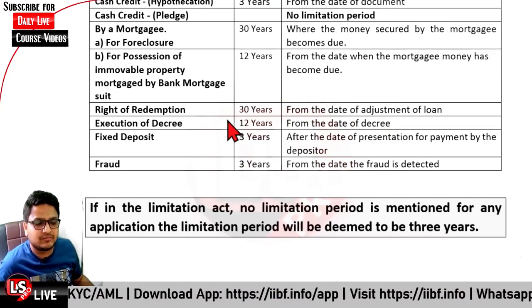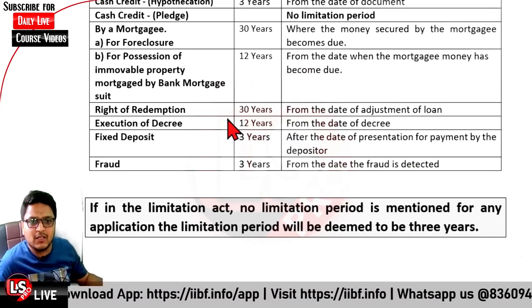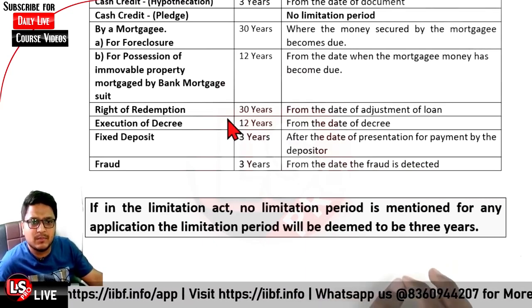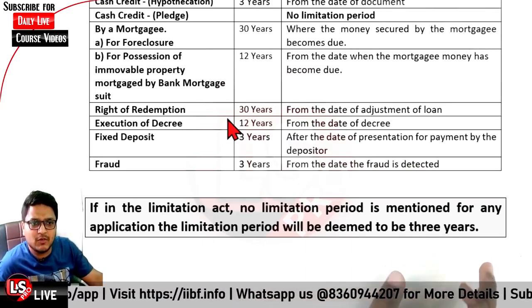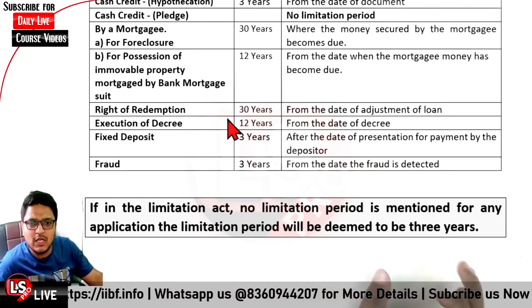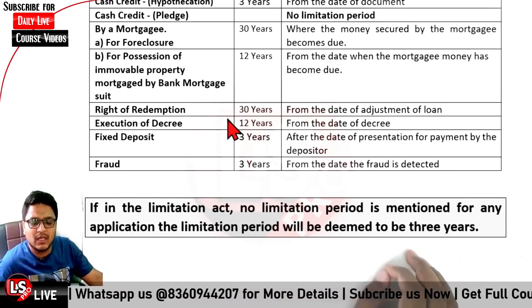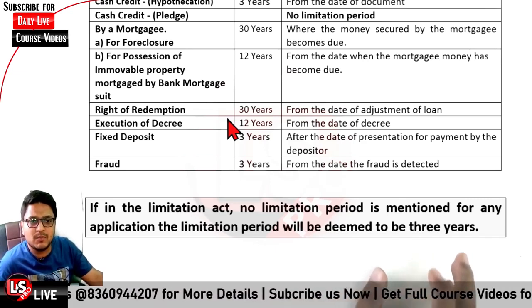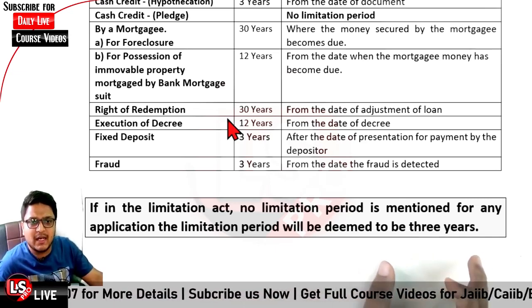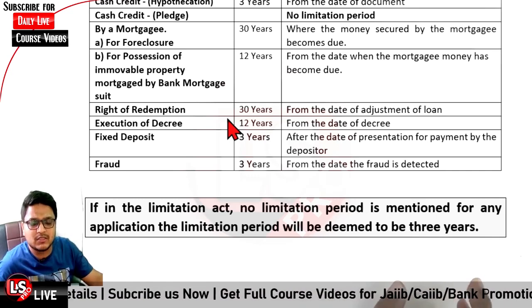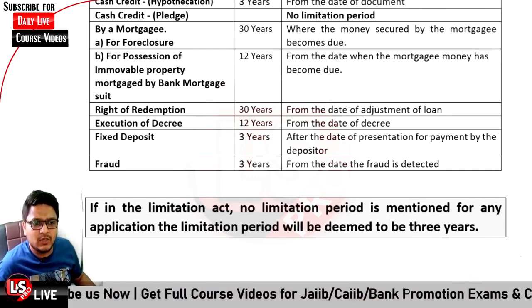And further, if for any particular application no limitation period is mentioned in the Limitation Act, that will be deemed to be 3 years.